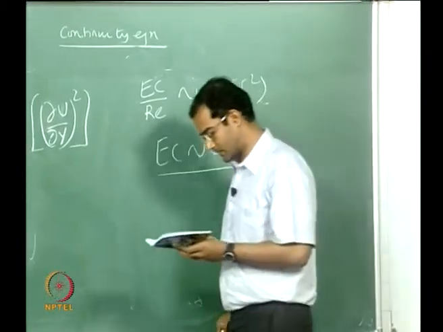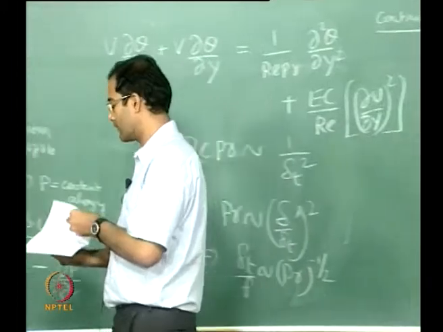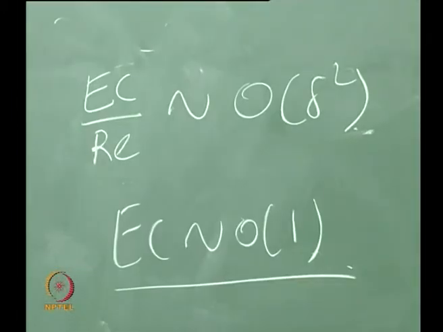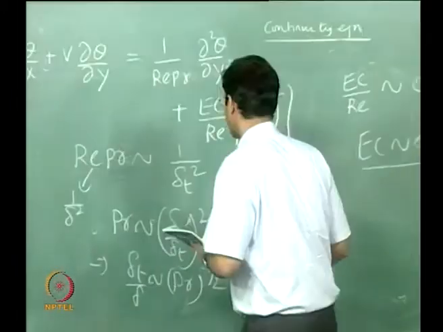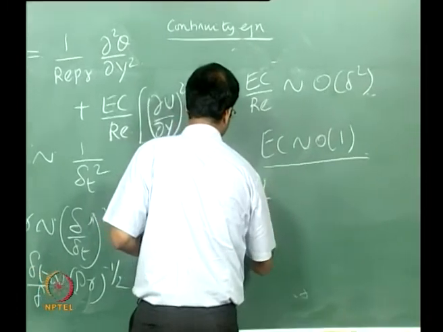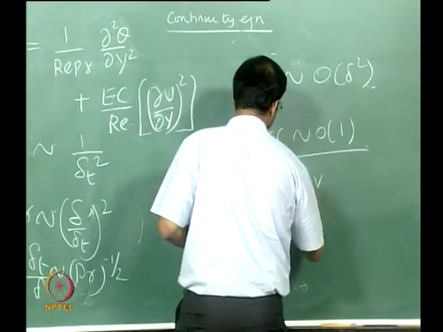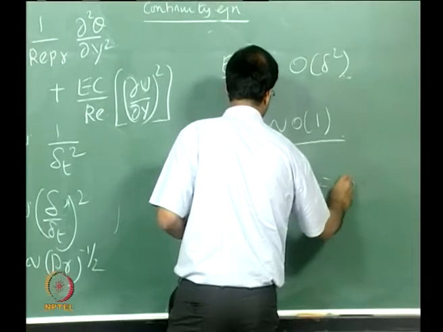Okay. So this finally will give you the boundary layer equations, which I am going to summarize and stop here. So after all these approximations, this is the final set of terms that you are going to retain.